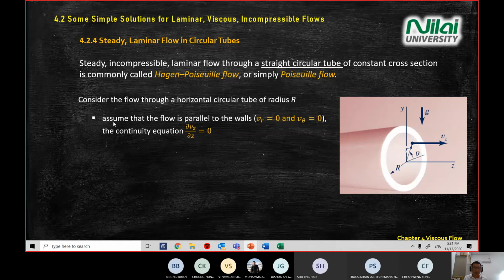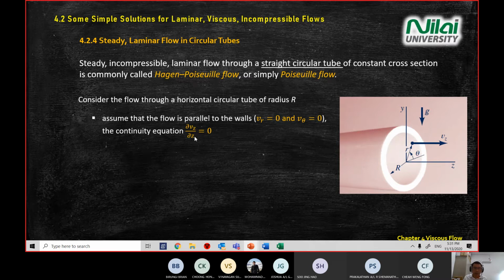So again, there are some assumptions before we develop the equation. We assume that flow parallel to the wall here will be 0. So Vr equals 0 means that our velocity at the maximum r here will be 0, and there's no angular velocity. V theta equal to 0 means there's no movement here.